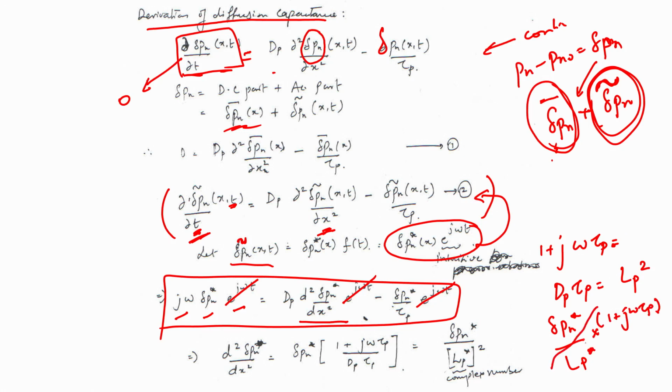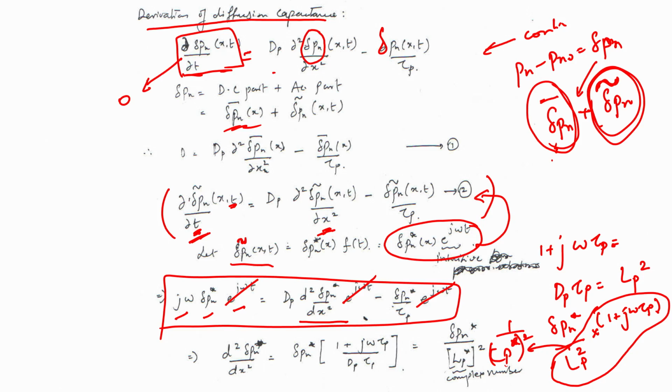Now we will take these two terms, the complex number divided by Lp square, and we will say that this entire thing is equivalent to 1 by Lp star square, where Lp star is some kind of a complex diffusion length. It is just a mathematical construct, a complex diffusion length, Lp star square equal to Lp square divided by 1 plus j omega tau p.